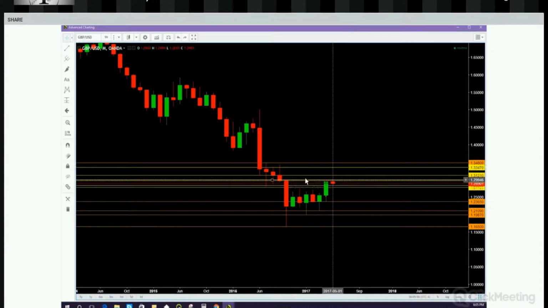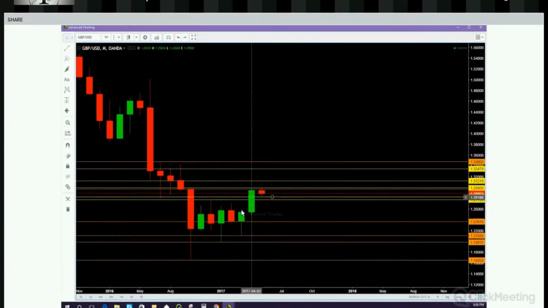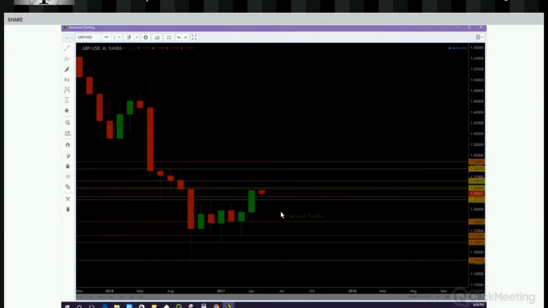But overall, I've been trading the pound in the context of mostly range. I just wanted to bring that up as a monthly chart coming from several months where it's just been back and forth, and we finally just recently broke out of that range. But I expect further range for the pound, at least over the next month.